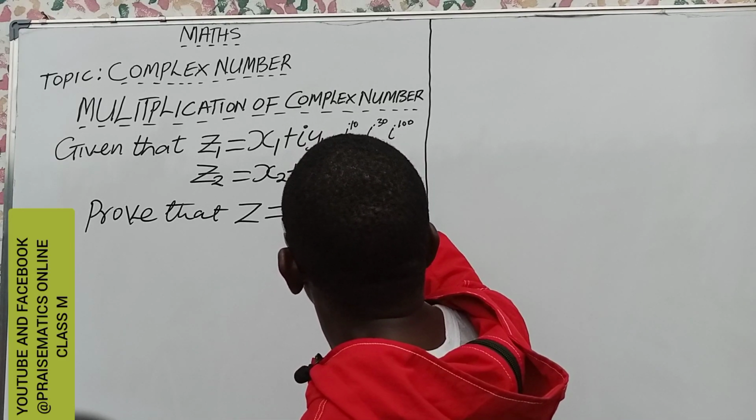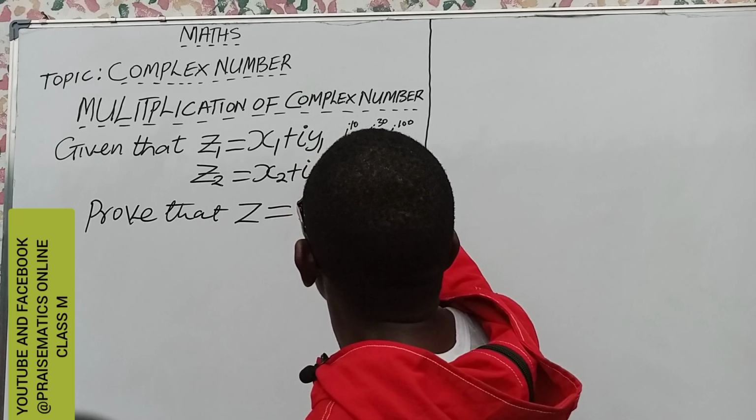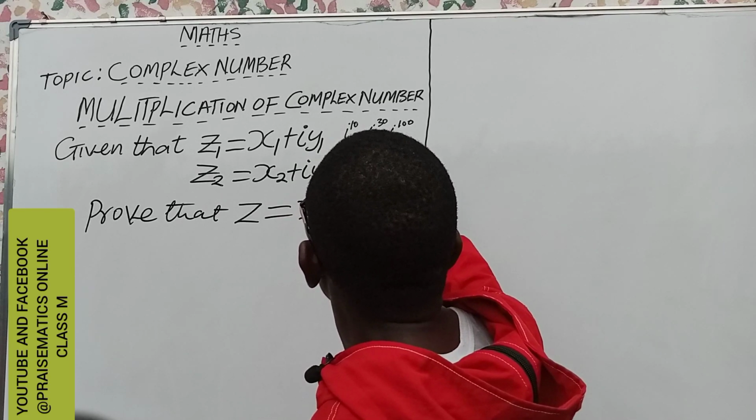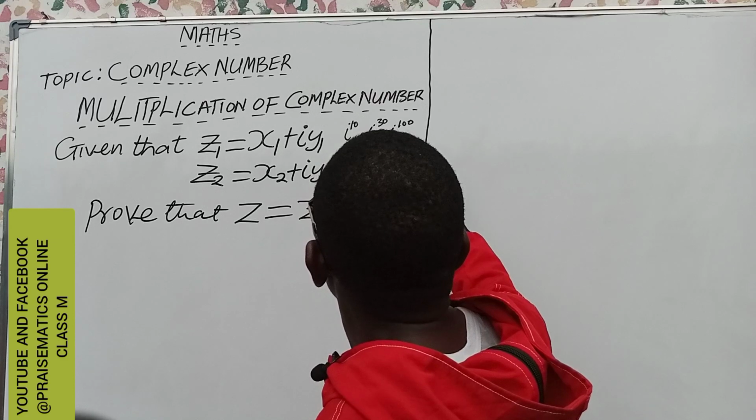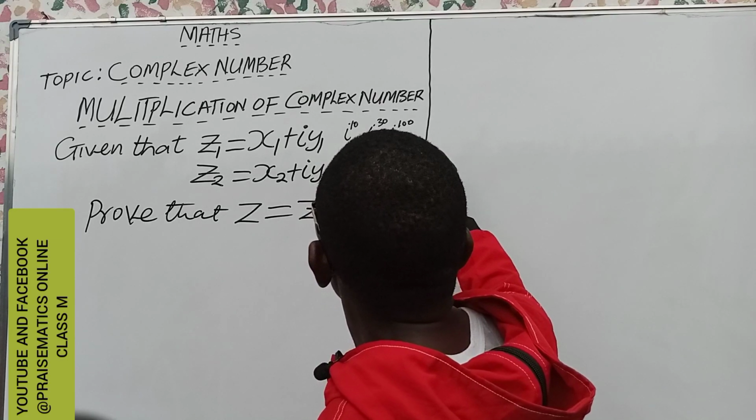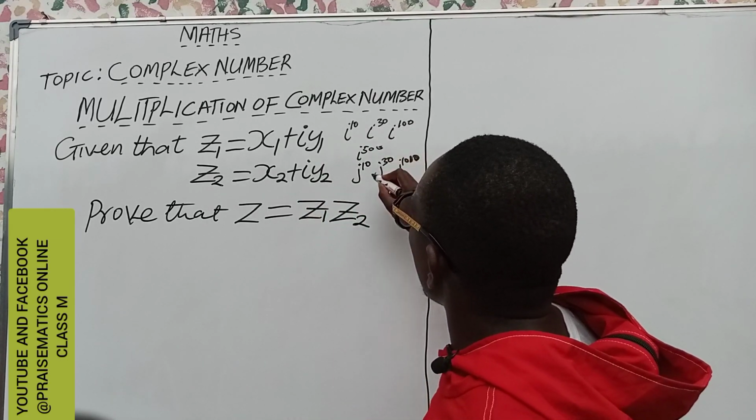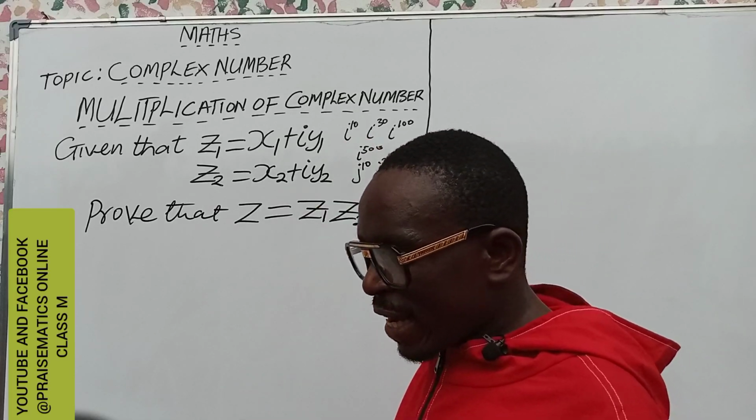In engineering, we use j: j to the power 10, j to the power 30, j to the power 1000. But in pure mathematics, we use i. They are the same thing.